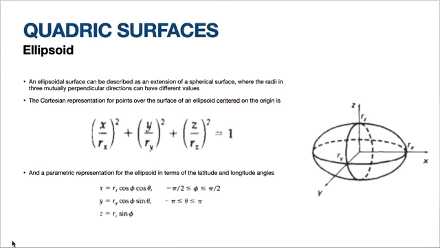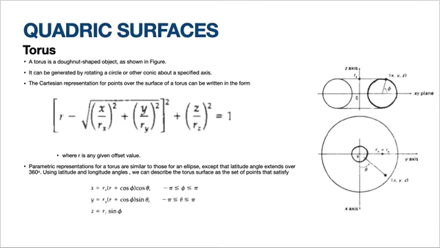And in parametric representation, this ellipsoid can be represented as x equal to rx cos phi cos theta, y equal to ry cos phi sin theta and z equal to rz sin phi, and again phi is the latitude angle and theta is the longitude angle. Okay, that is representation of ellipsoid.